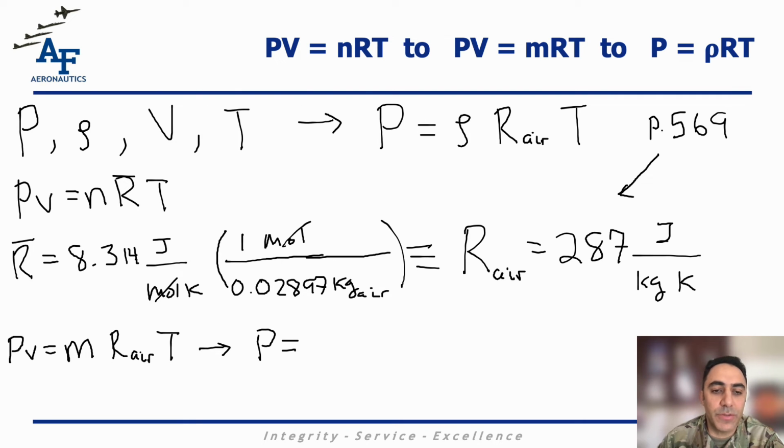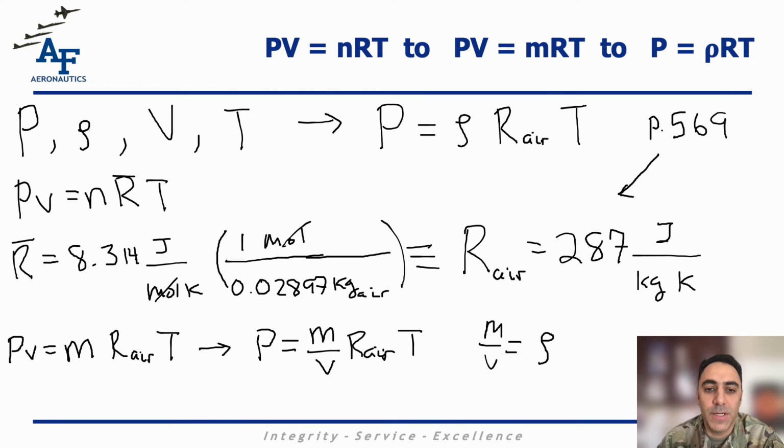I don't have to demonstrate it too much. Mass divided by volume times the gas constant for air times the absolute temperature. Well, what is mass over volume? Happens to be density, stuff in a box. Mass per length cubed.